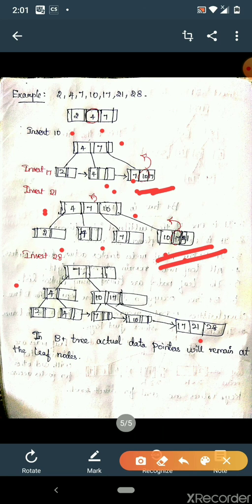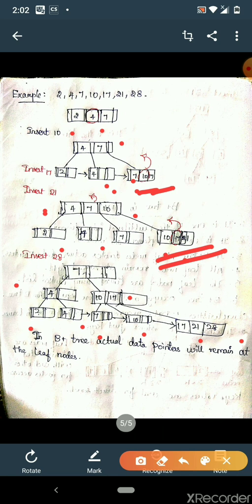So now 2, and right side of the root node 4 is 4, and the left side of this 10 is 7, and right side is 10, and the right side of this 17 is 17, 21, 28.